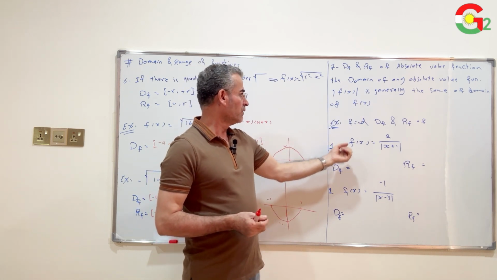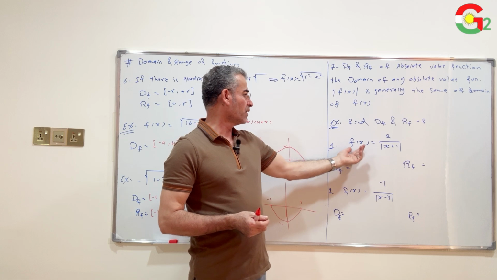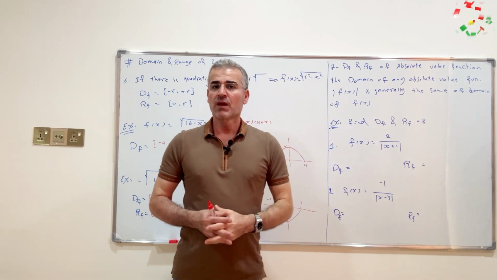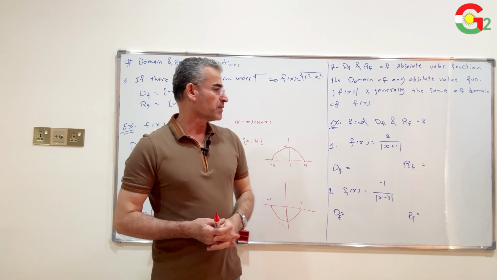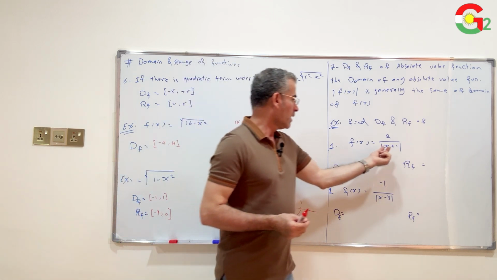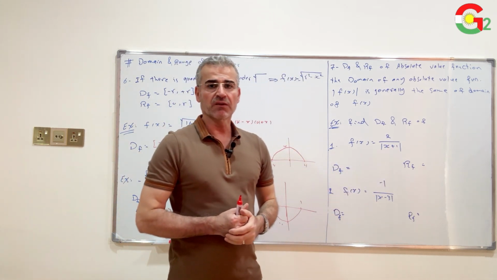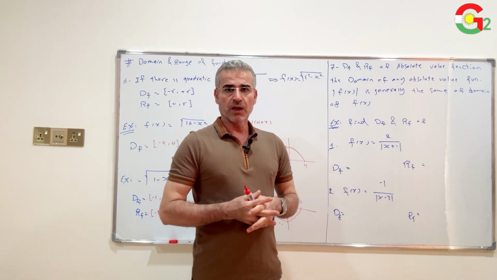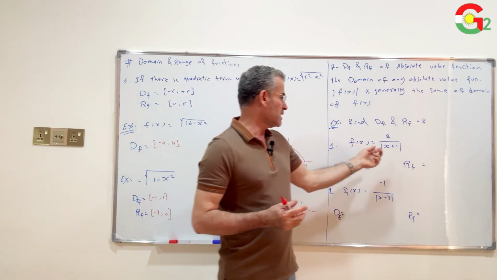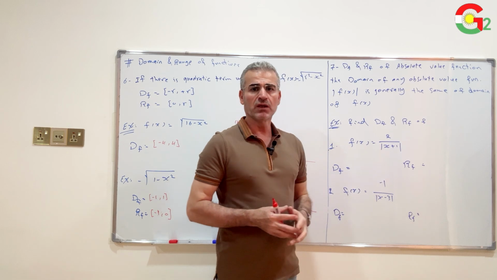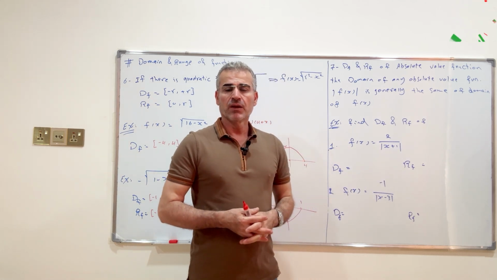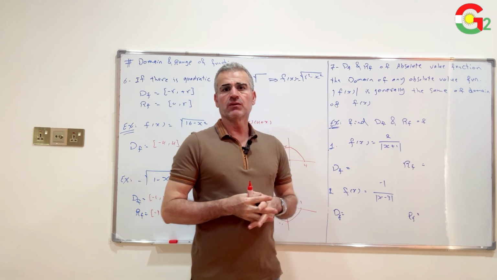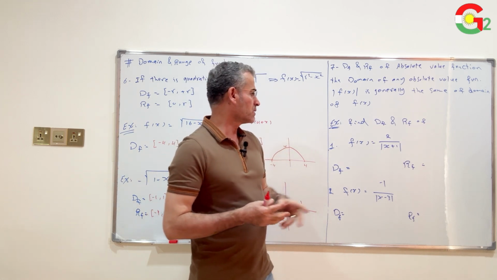For example, find domain and range of the function f of x equal 2 over absolute value x plus 1. X plus 1 is a linear function. Its domain is R, all real numbers. But since it is in the denominator, I remove the value that makes the denominator 0.